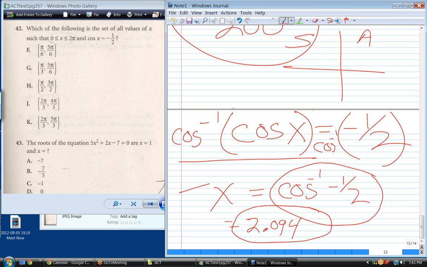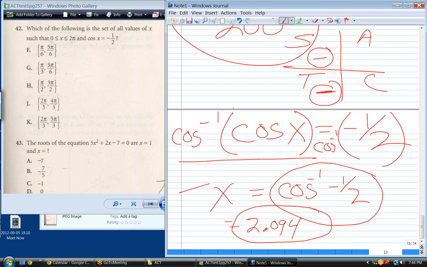Sine is positive only in the second quadrant. Tangent is positive in the third, and cosine is positive in the fourth. What that means is that cosine is negative in the second and negative in the third. So there are actually 2 answers to this question: the second quadrant answer and the third quadrant answer.